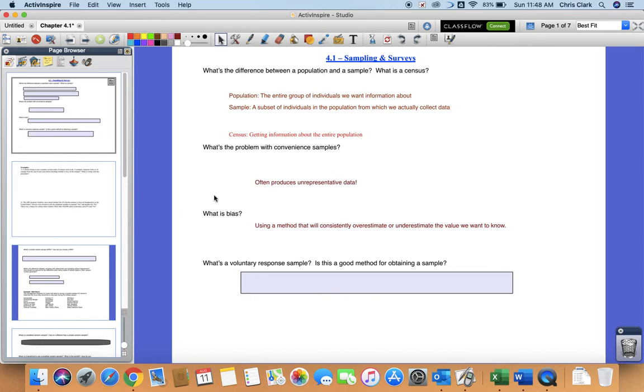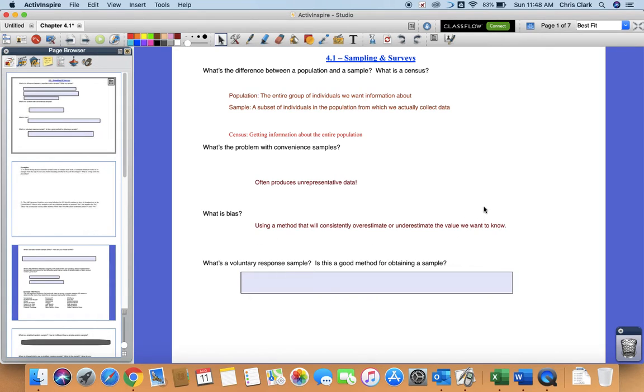We want unbiased methods. Unbiased methods will give us a symmetric distribution. Some values will be too high, some values will be too low, but they're going to be centered around the actual true value. That's our goal.